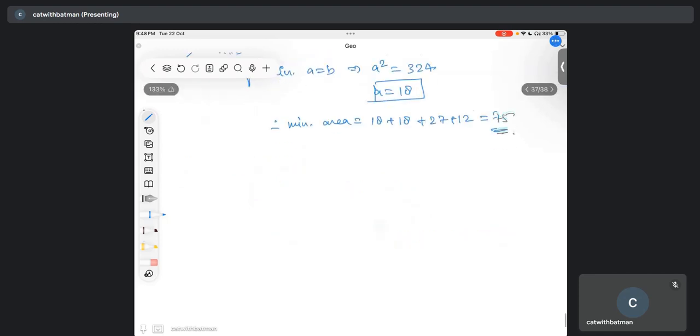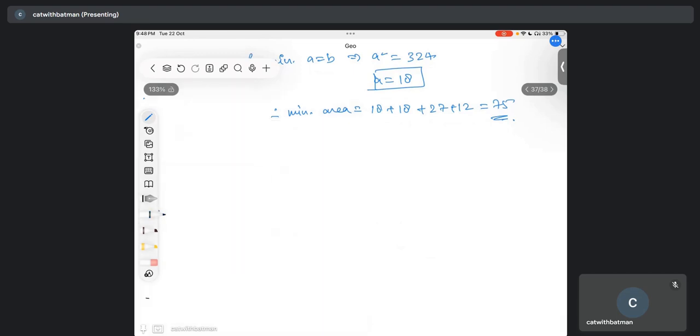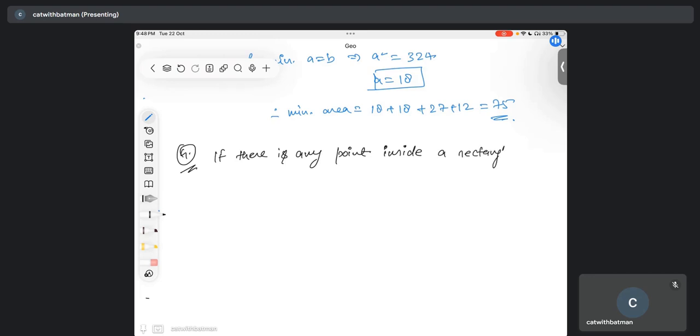Okay, let's have a look at another property. If there is any point inside a rectangle, remember, specifically rectangle I'm talking about.